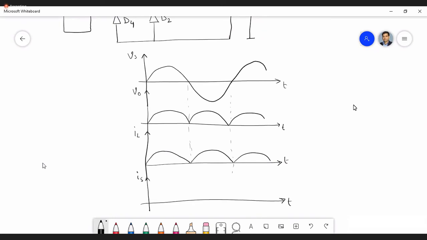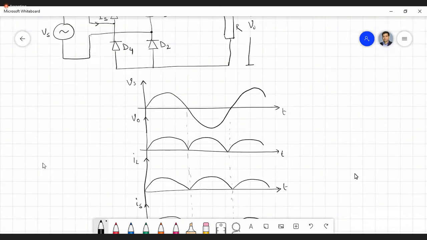So similar to the source voltage, VS. Have you analyzed whether it will be like the source voltage or not? Okay, so let us take it's like the source voltage.